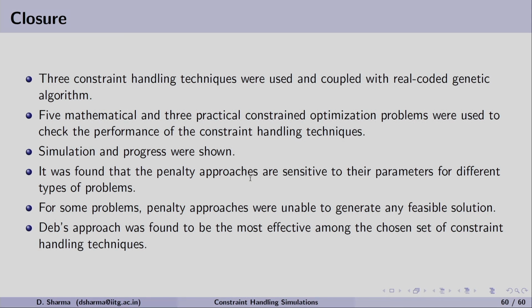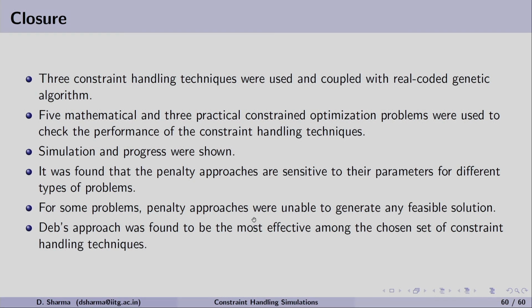Now it was found from our analysis that the penalty function methods, or penalty approach, are sensitive to the values of R or the value of C. It is because these values sometimes may not be able to penalize the infeasible solution sufficiently, so that we can differentiate the objective function.